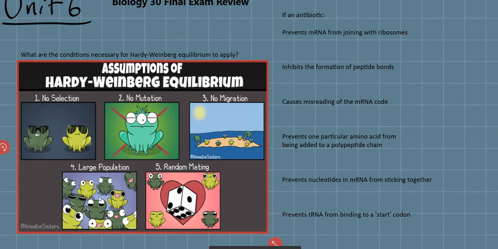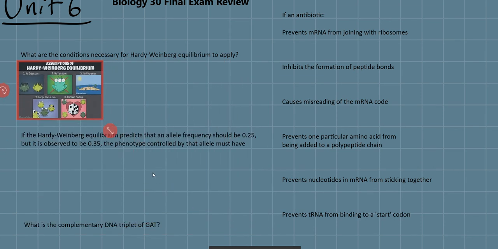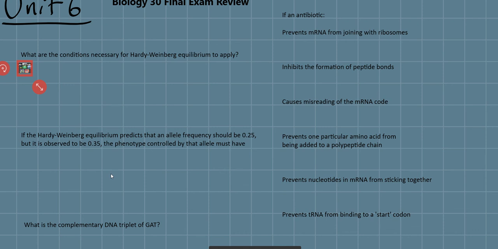There has to be a large enough population that you can do statistics on it, and mating has to be completely at random. We also said that this is not very realistic and that most populations in the wild are not at Hardy-Weinberg equilibrium. But it's a good baseline.